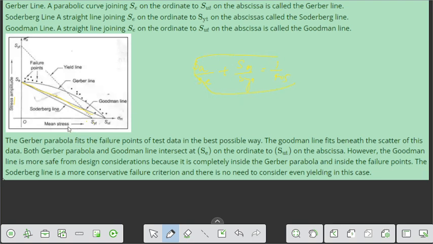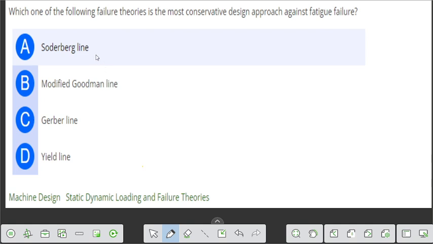So this is the SM, this is SA, this is cutting at SE, and this is cutting at SY, and this is the minimum area, that means towards the origin. So this is the most conservative. The Gerber parabola fits the failure points in the best possible way. That's why the Soderberg line is the most conservative line. So option A will be the correct answer.